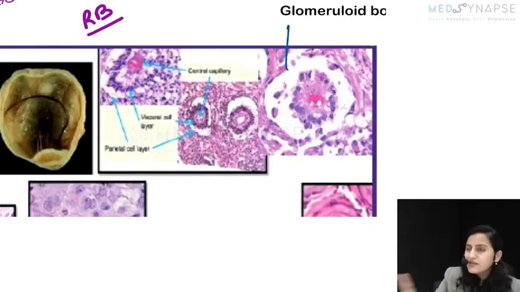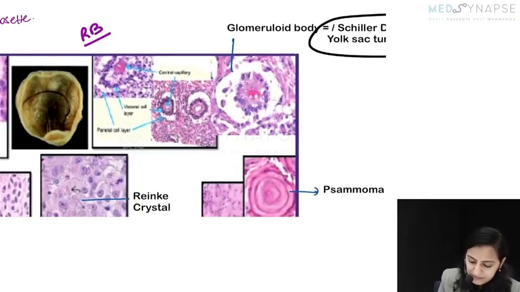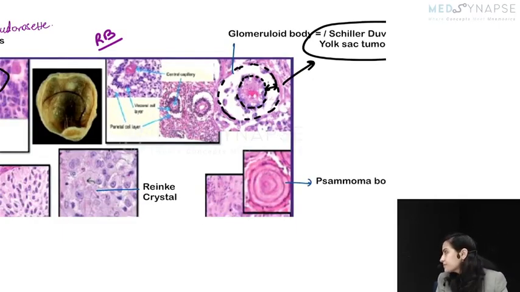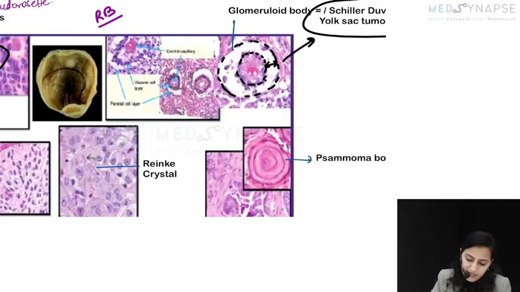So there will be double layer with the space in between. If you look at only this part, this looks like the Paul Exner, but beyond that you have the Bowman space, and then you have the second layer. So this is glomerulus wala, glomeruloid, Schiller-Duval. So you will see this prominent here, the Bowman space.